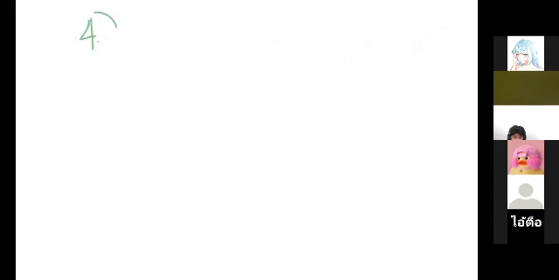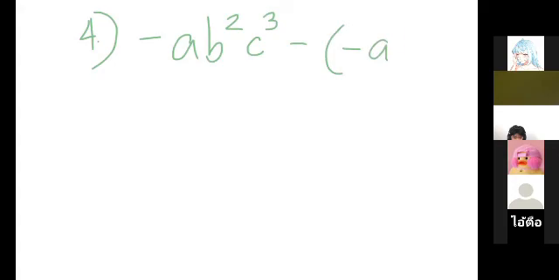Number 4. Negative ab squared c cubed minus negative ab squared c cubed. Okay, who wants to answer this? Who wants to answer this?